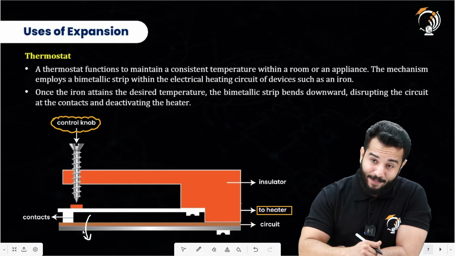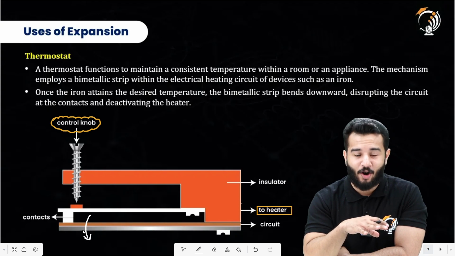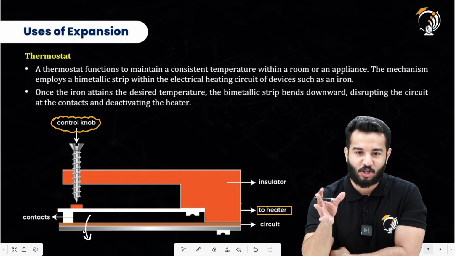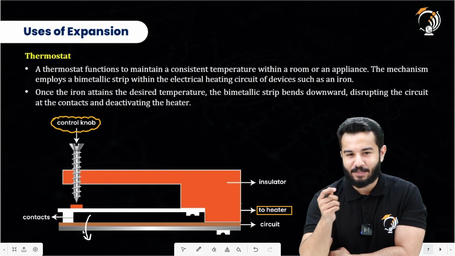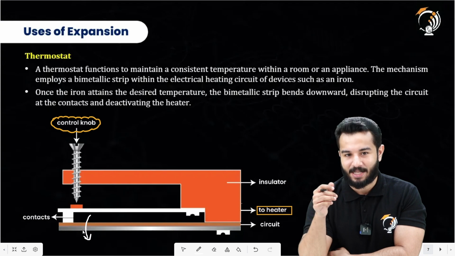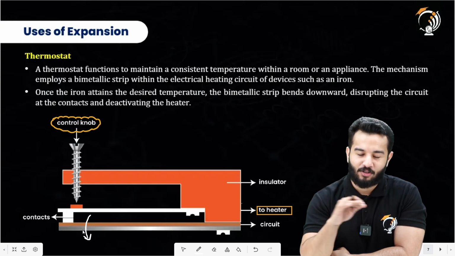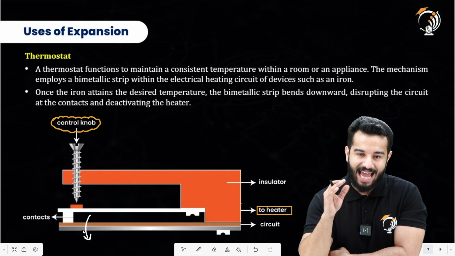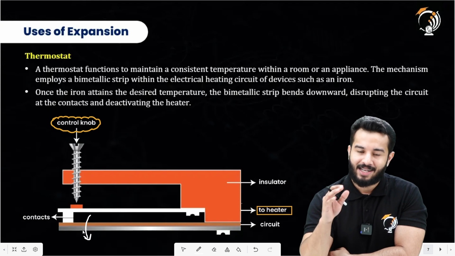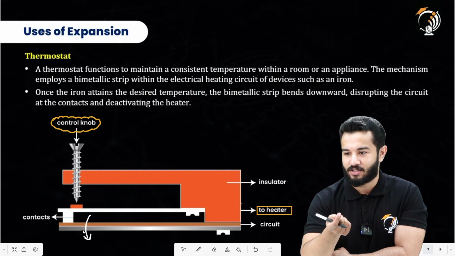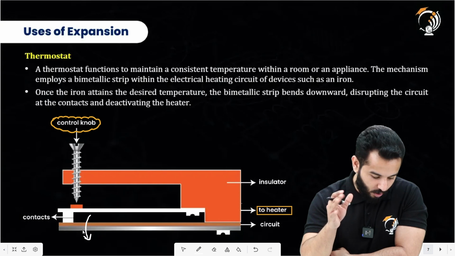If it bends something like this, the connection of the heater will be lost, and the heater will stop, right? Because if it is bending, it basically means that the temperature is rising. So now the heater will stop working, and as soon as the temperature goes down, the strip will become straight, and again the heater will start. So that's how a thermostat works.